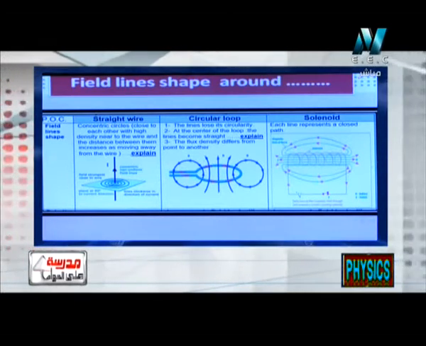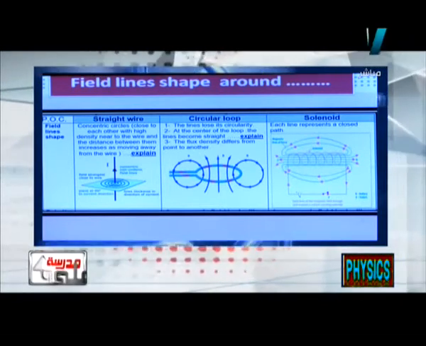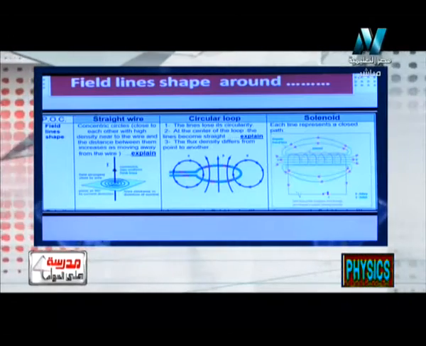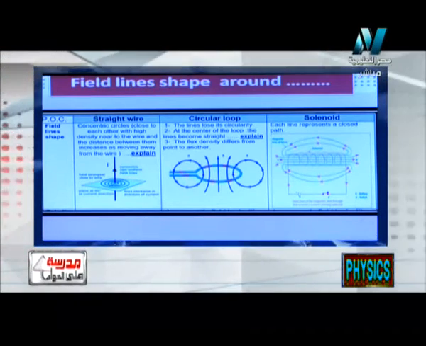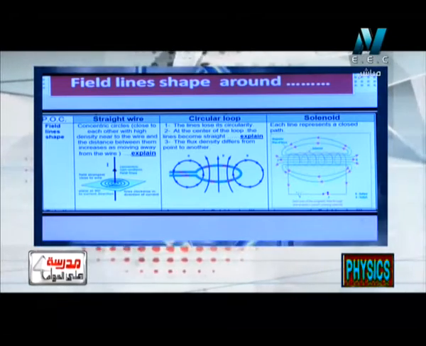But around a circular loop, the magnetic flux lines lose their circularity. Where do they lose their circularity? At the center of the loop.